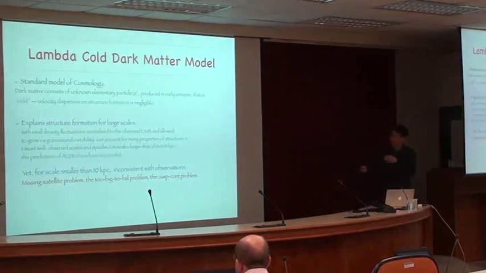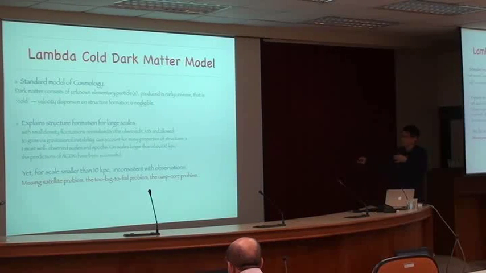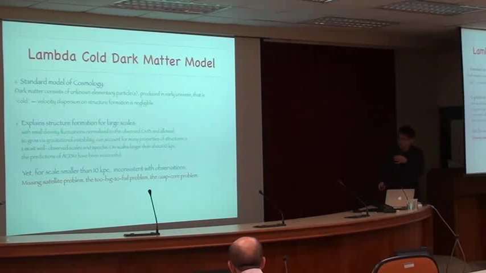The standard model of cosmology is called the lambda cold dark matter model. The dark matter has to be cold, non-relativistic. So right now we know that dark matter consists of some unknown elementary particle produced in the very early universe, and it is cold, such that the velocity dispersion effect on structure formation is very small.